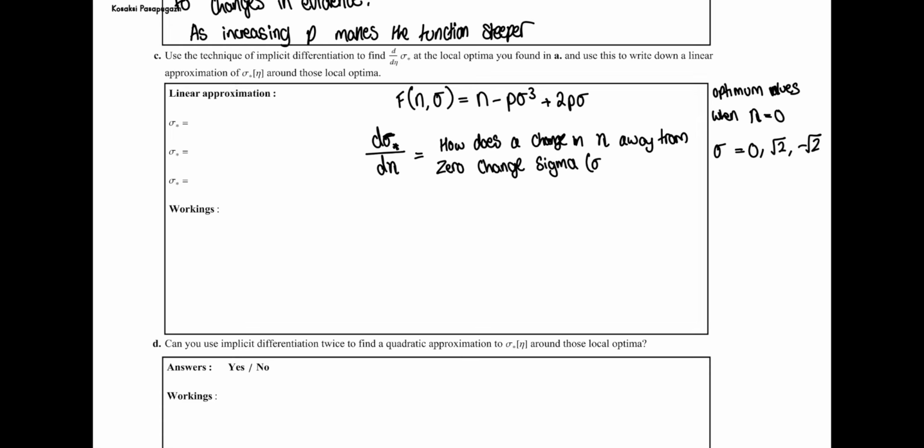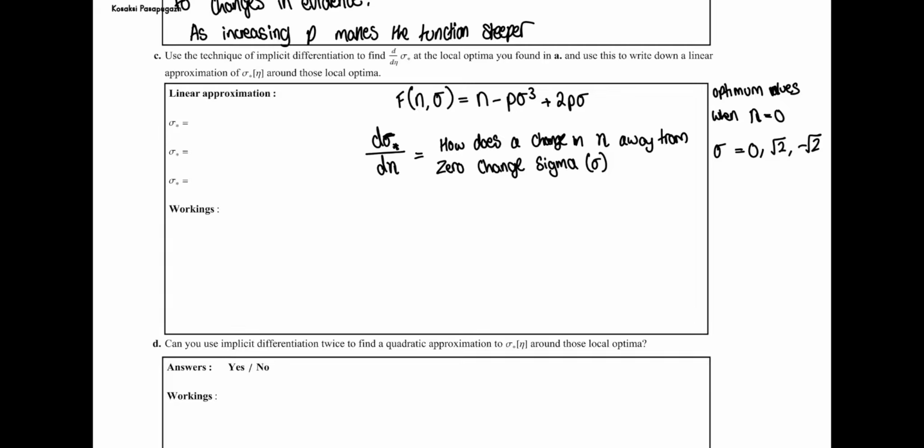And what this question is asking for, we need to find d sigma over d eta. What that is saying is how does a change in eta away from 0 change sigma? So if we change eta very slightly away from 0, how is that going to change sigma, our optimum values of sigma?